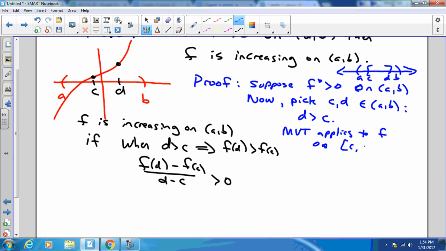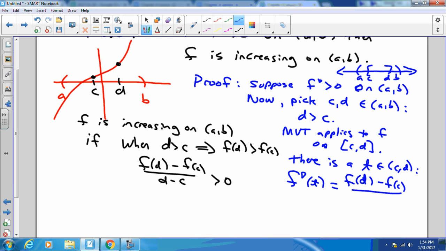So the mean value theorem applies to f on the interval c to d. And that means there is a t somewhere in c to d such that f prime of t is equal to the average rate of change, f of d minus f of c over d minus c.